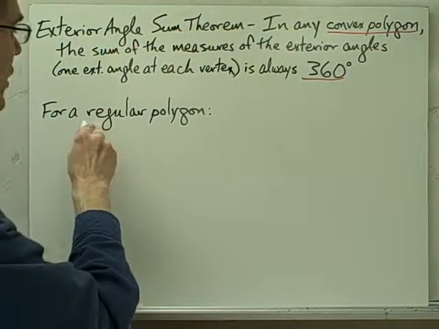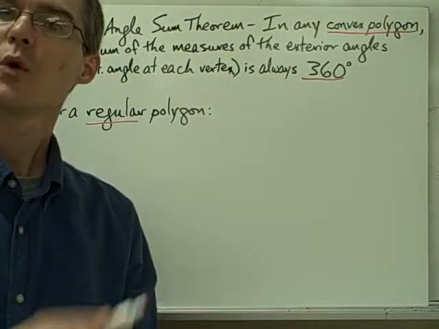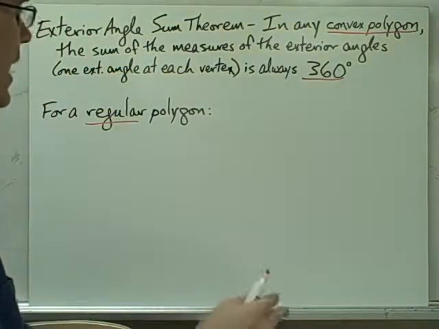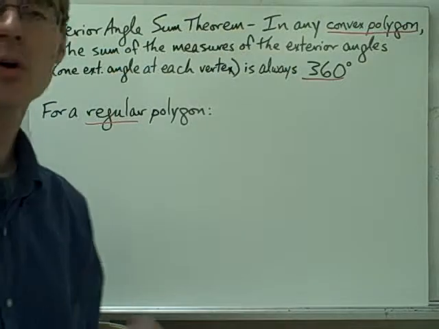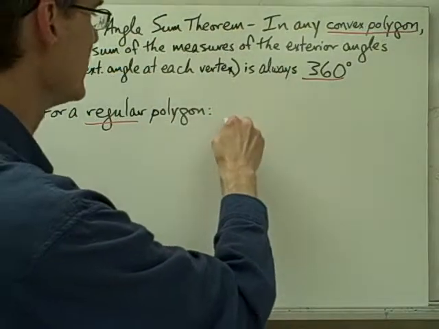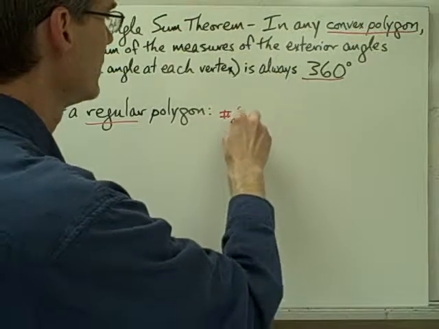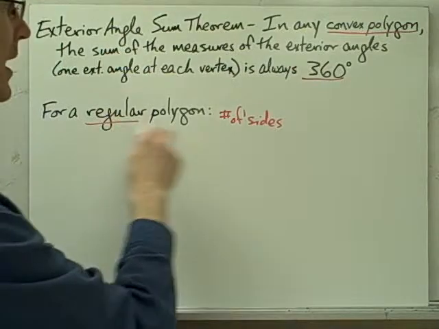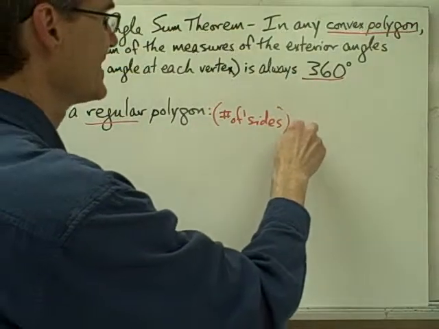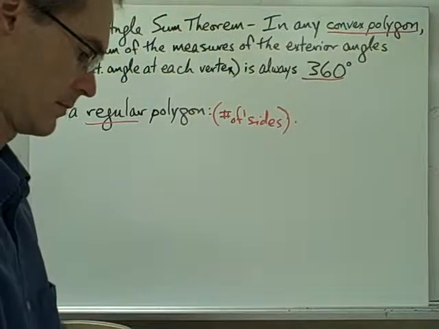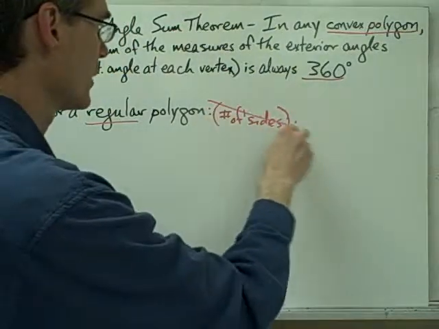Now, for a regular polygon, which is the polygons that we were just looking at in the table, this has an even more useful property, which is that the number of sides in the regular polygon times, not the number of sides.